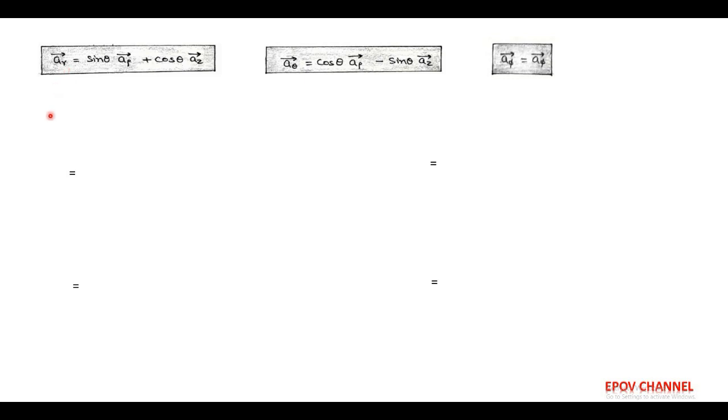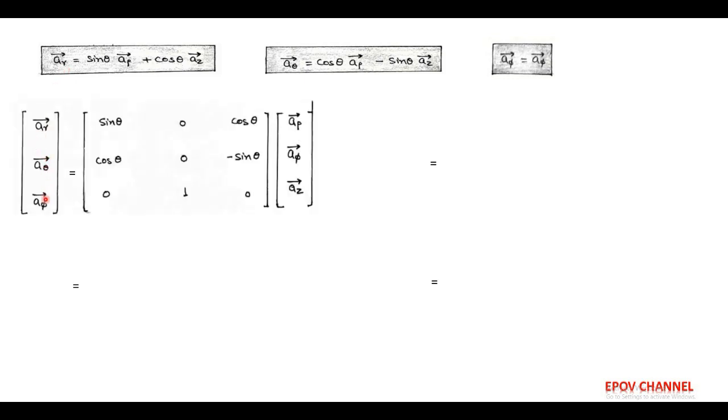So on the left side we can write unit vectors in a column matrix A r, A theta, A phi, and on the right side there is a multiplication of a 3 by 3 square matrix with the column matrix of unit vector rho, unit vector phi, and unit vector z. Here inside the 3 by 3 square matrix, the first row has components corresponding to the unit vector r, and these are sin theta, 0, cos theta with respect to unit vector rho, unit vector phi, and unit vector z respectively.